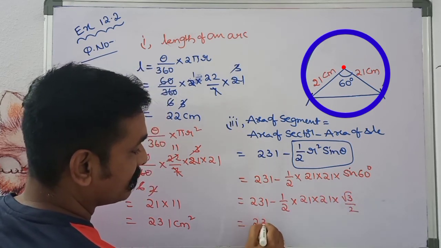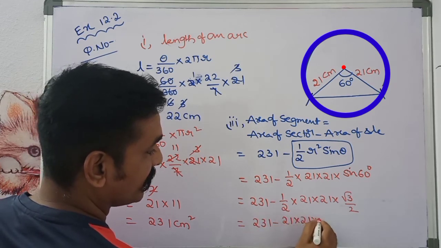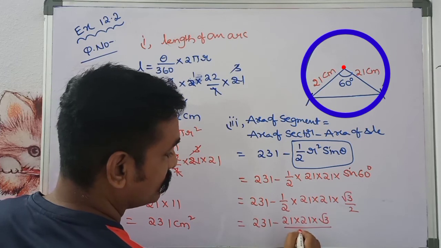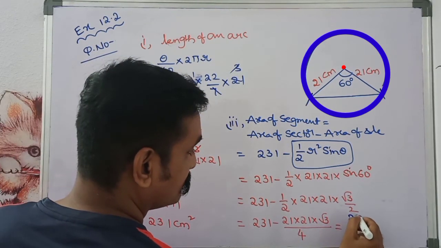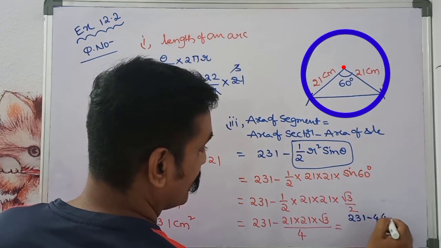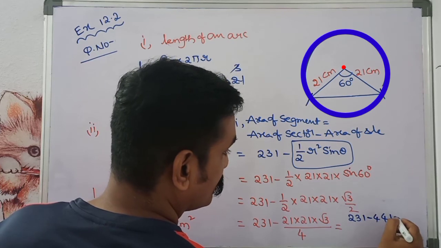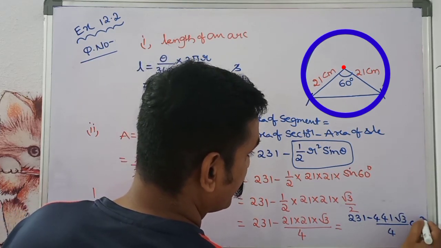If you simplify, 231 minus 21 into 21 into root 3 by 2 into 2, which equals 4. So 231 minus 21 into 21 is 441 root 3 by 4 centimeter square.